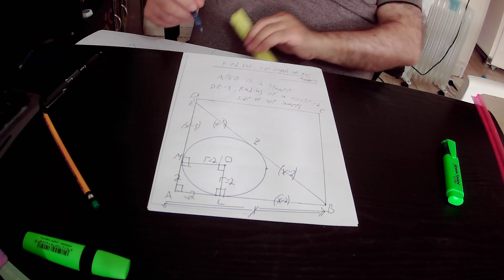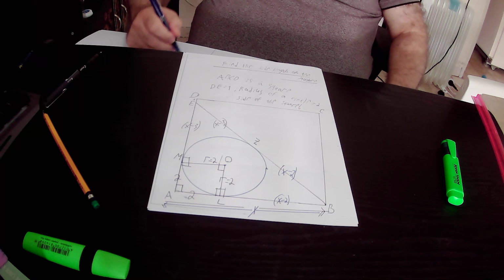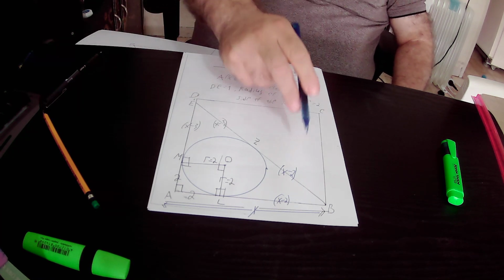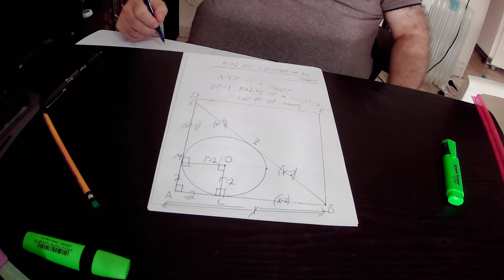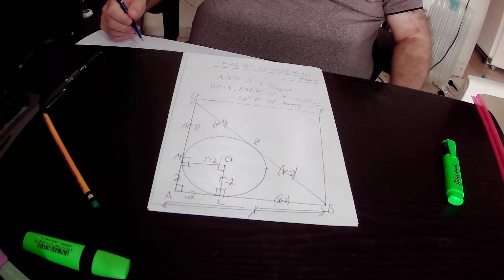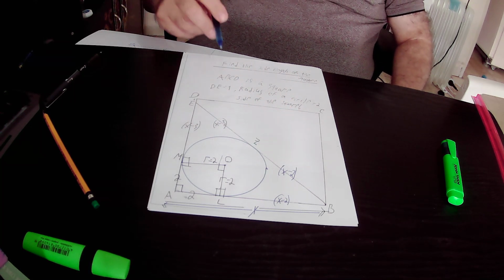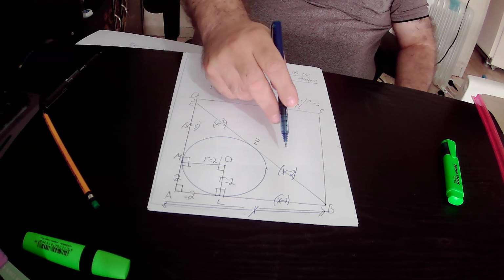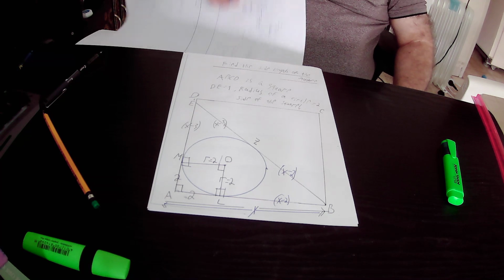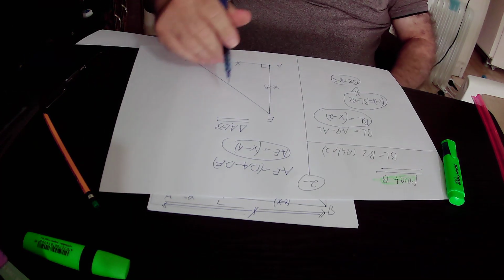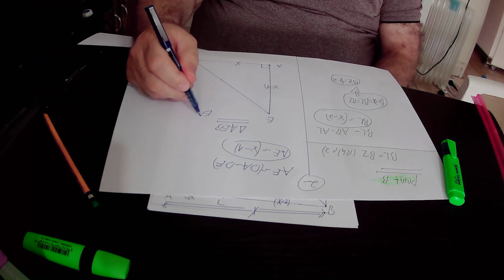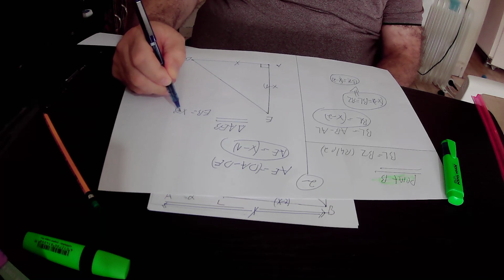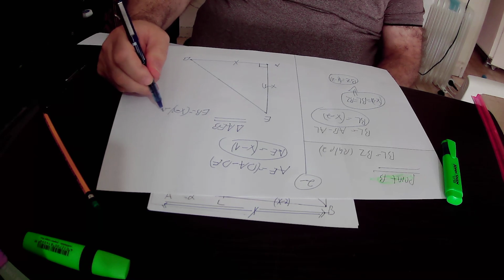We have already found out that side EA equals x minus 1, AB equals x according to our definition, and the hypotenuse EB equals x minus 3 plus x minus 2. So the hypotenuse EB equals x minus 3 plus x minus 2.